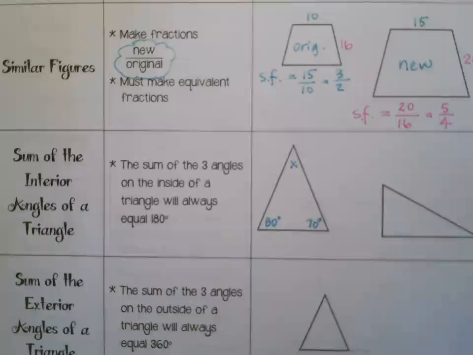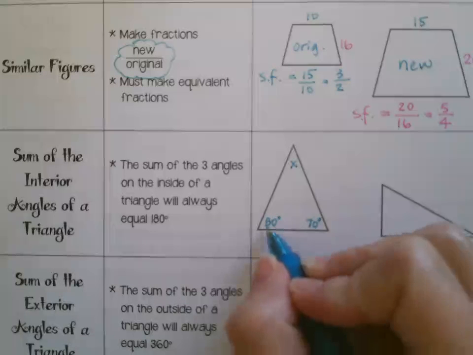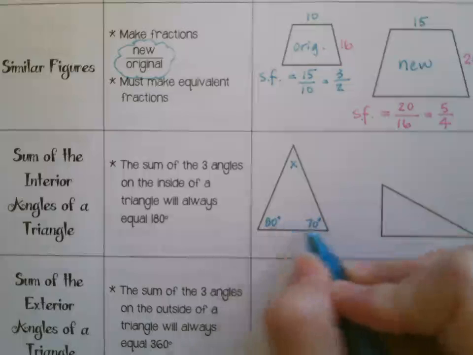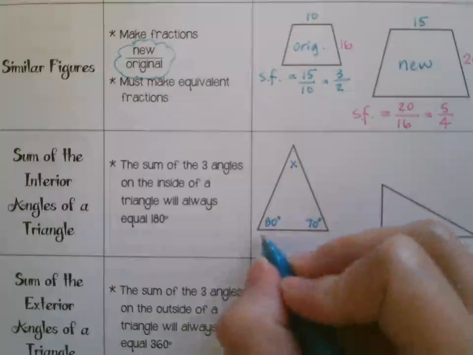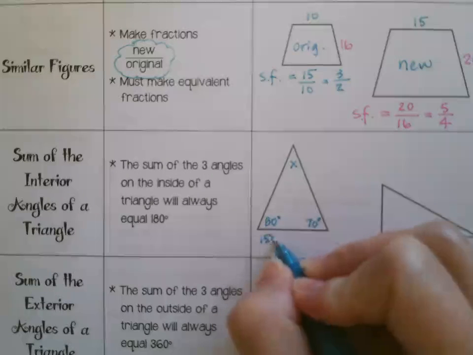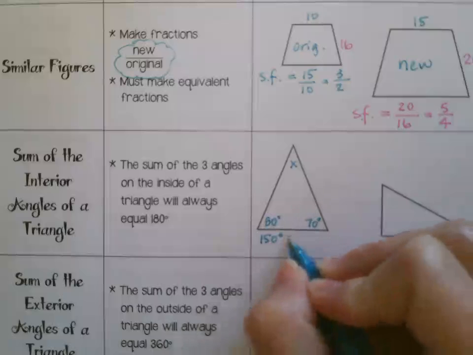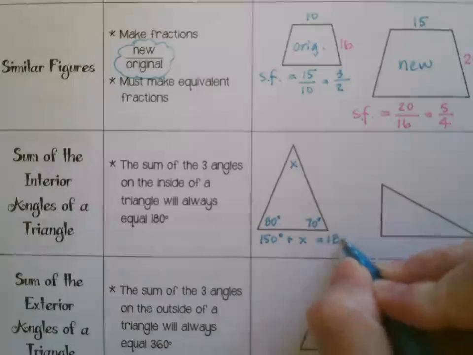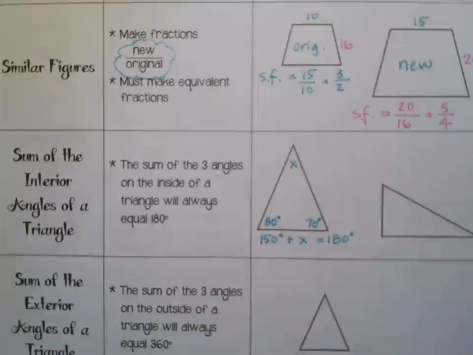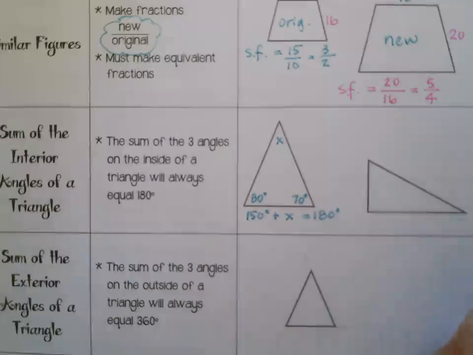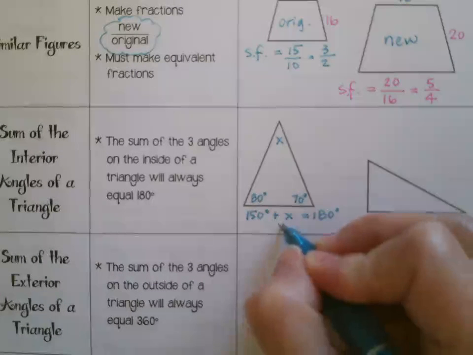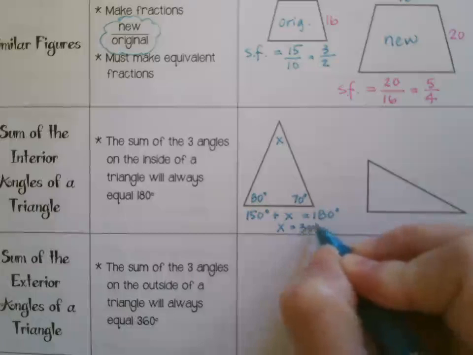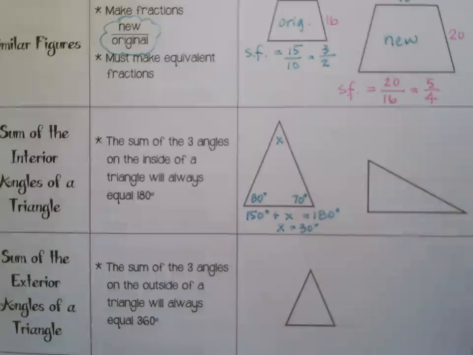However you want to think about it, we can see right here that we already have 150 degrees. So if we already have 150 degrees, how many degrees is the x worth if the total triangle is going to be 180? So, lots of ways, just simple thinking about it, this angle up here would have to be 30 degrees.